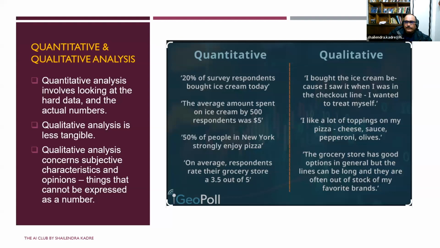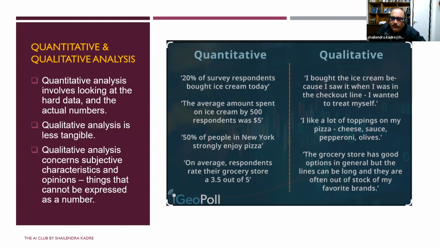There is no number. A second statement about qualitative analysis: I like a lot of toppings on my pizza: cheese, sauce, pepperoni, and olives. Like everybody, the young guys, or even our generation, 50-year-old guys, if there is a lot of topping on the pizza, we like it.